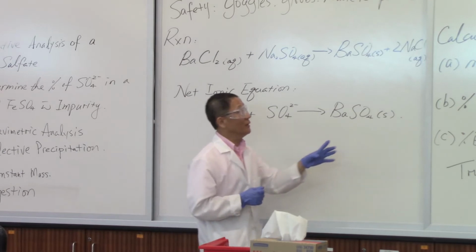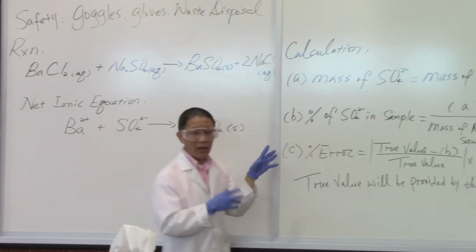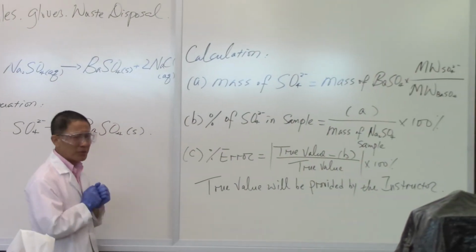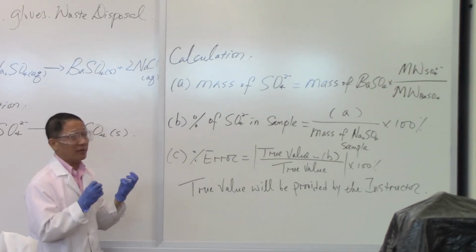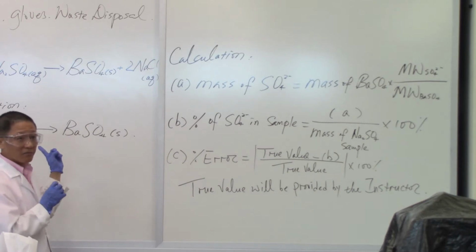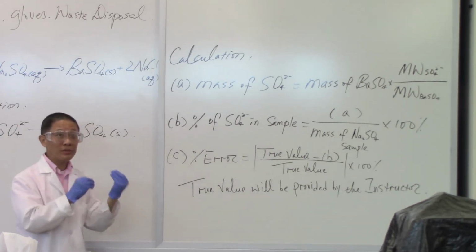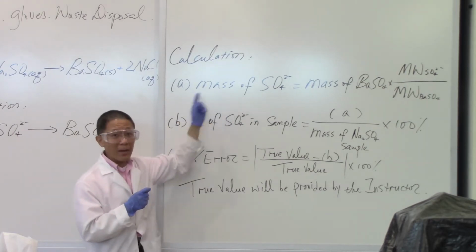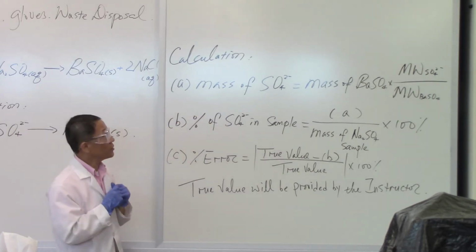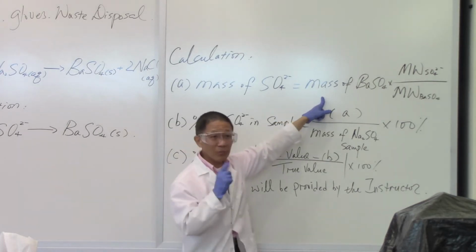So, giving you another discussion about how we calculate the percentage here. The first equation that we have here, and remember the primary objective of the experiment, we want to figure out the mass percentage of the sulfate ion in a given sample. So we are looking for the mass of the sulfate ion. How do we determine that? Well, we get the mass of the barium sulfate.